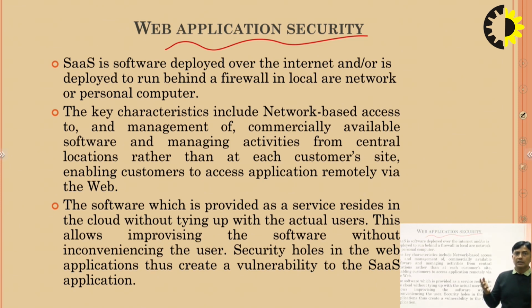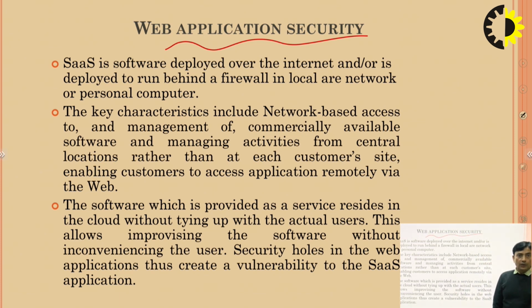This is the beauty of the cloud: the same piece of software is shared by a number of different users. This is resource pooling; the same resource is pooled by a number of users.